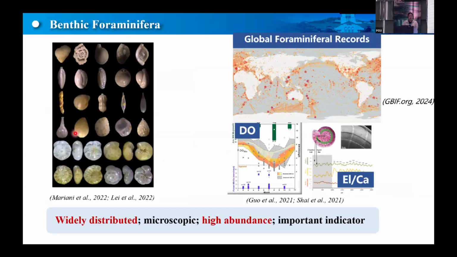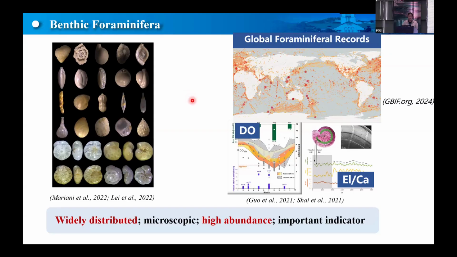Benthic foraminifera are unicellular eukaryotic organisms that are widely distributed in the benthic boundary layer. We know them because they are recorders of past time, climate, temperature, dissolved oxygen, etc. Now, many studies have shown they are not just a time capsule.